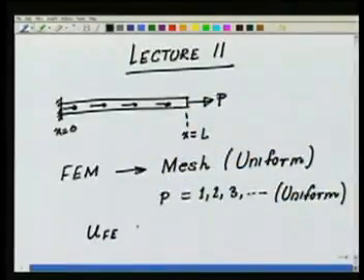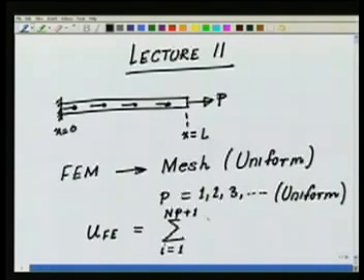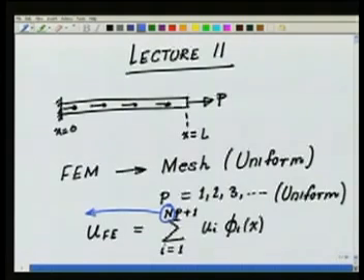And what we had done is, we had highlighted the fact that the solution, the finite element solution, is given as summation of ui phi i(x), where n is the number of elements and P is the uniform order of approximation.